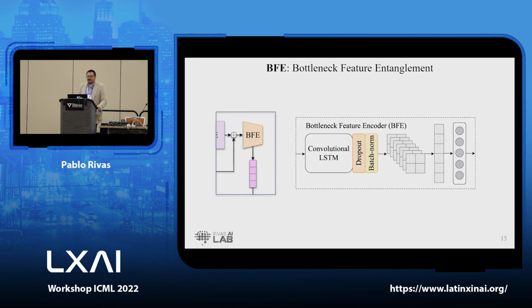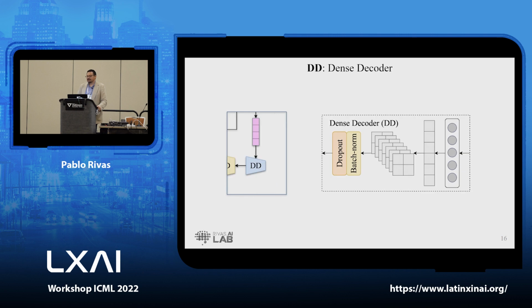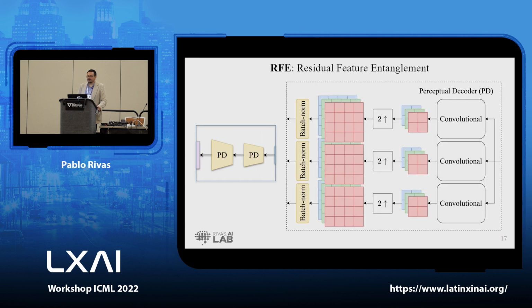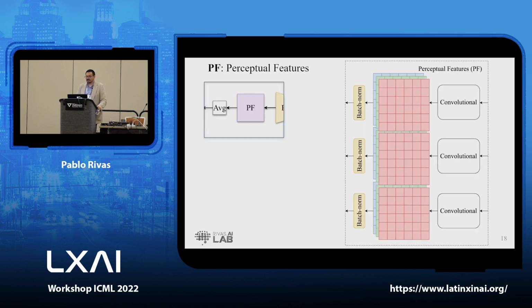And then we have at the end of this a bottleneck feature entanglement, or bottleneck, that will yield us the latent representation we're looking for. And after this, it is the process of decoding and reconstruction using classic convolutional layers and upsampling, pretty much as the state-of-the-art does in ResNet and other architectures.